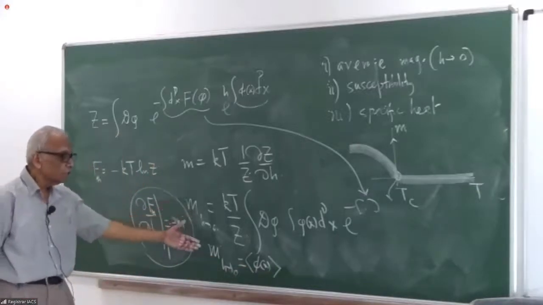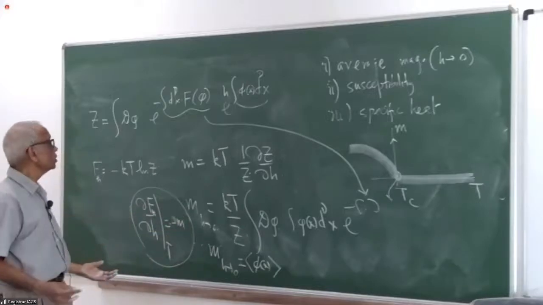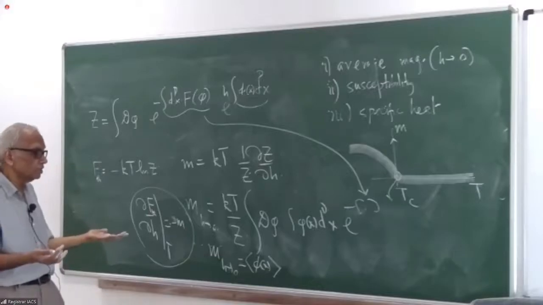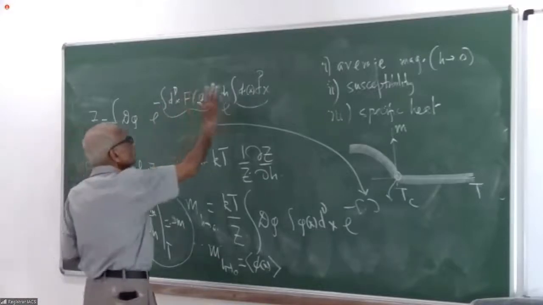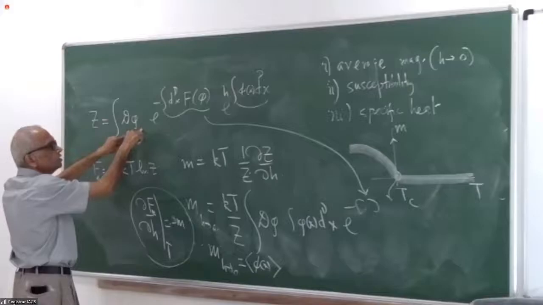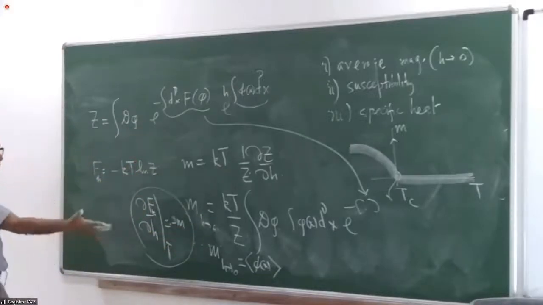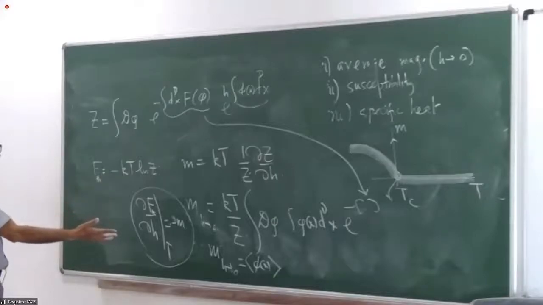So the question is, given this free energy, what in the world do I do with it? I ignore this part, and calculate the expectation value of phi. That is going to be the physical magnetization. What is the susceptibility?